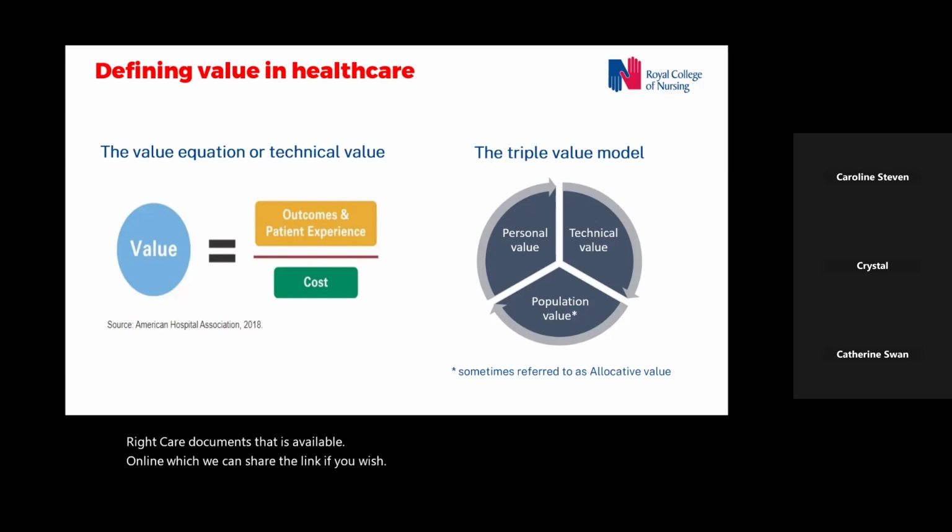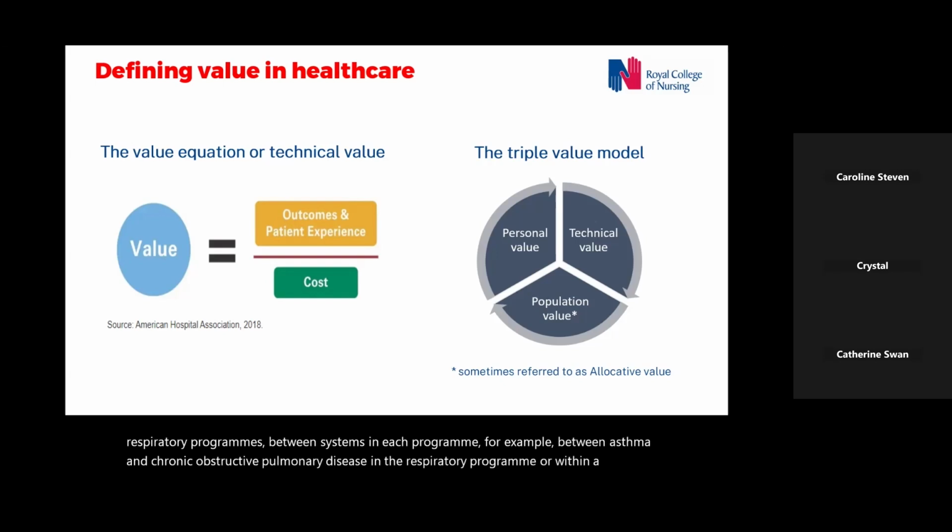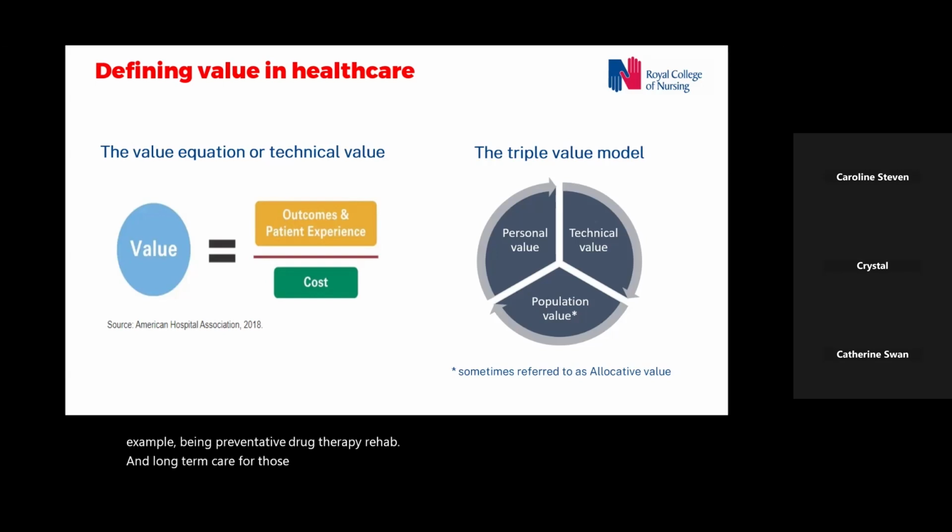So allocative value is determined by how well the assets are distributed to different subgroups in the population. Between programmes, for example, between cancer and respiratory programmes, between systems in each programme, for example, between asthma and chronic obstructive pulmonary disease in the respiratory programme, or within a system, for example, being preventative, drug therapy, rehabilitation, and long-term care for those with COPD.